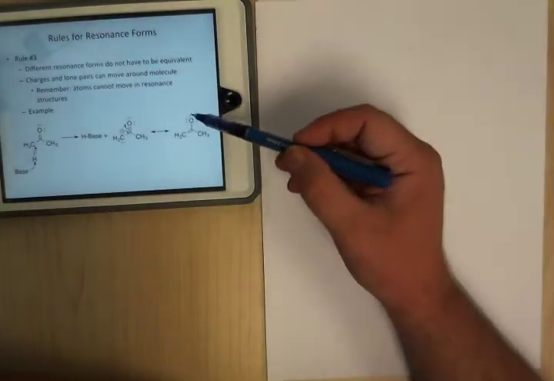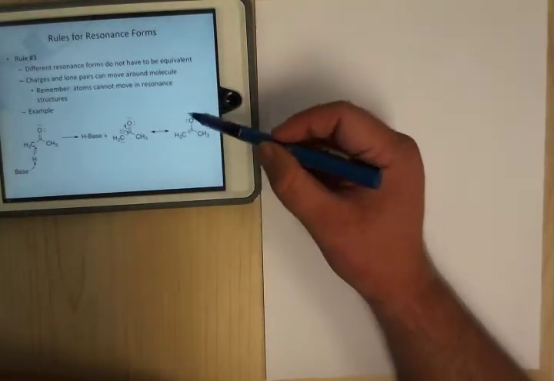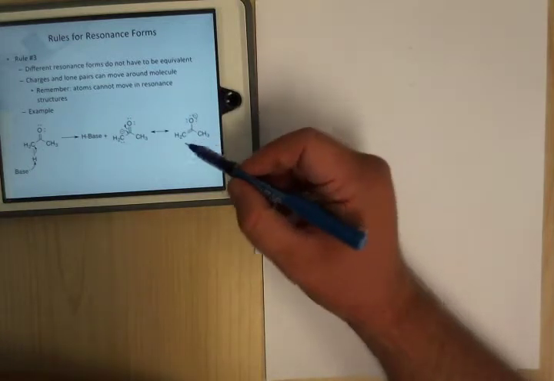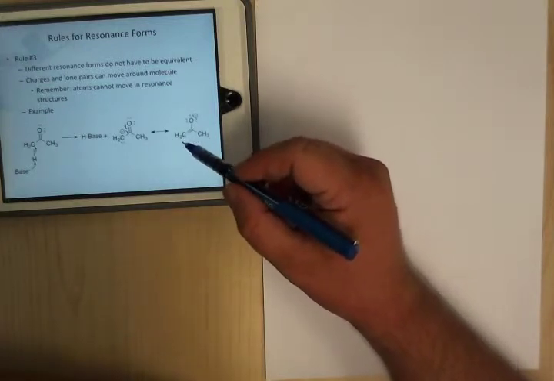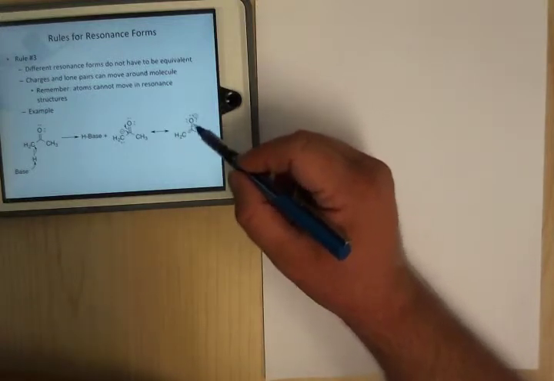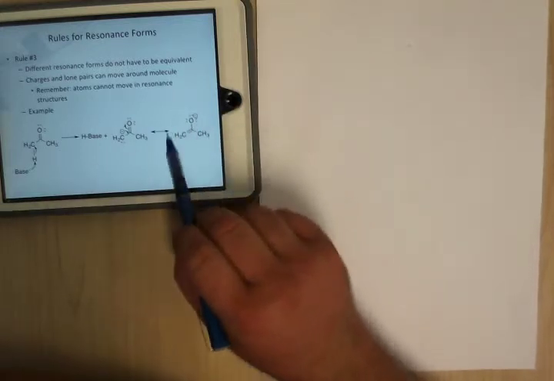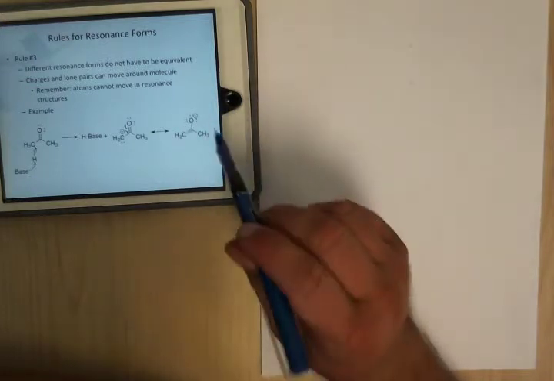This one is actually much more likely than the other, even though I can draw them both. Why? Because this one puts extra electrons on the most electronegative atom. It's also an issue of carbon really wanting just 4 bonds. So these 2 are possible, but this one is probably the more likely of the 2. Just something to keep in mind.